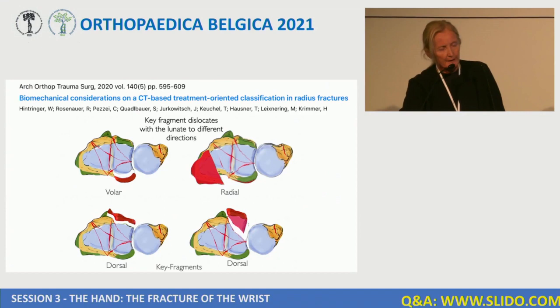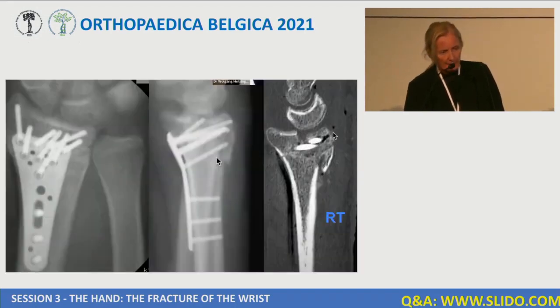This is the CT classification of intra-articular fractures based on the osteoligamentous unit or the key fragments. You see that the lunate can luxate in different directions, in volar direction with the short radiolunate ligament, or in dorsal with the radiotriquetral ligament.